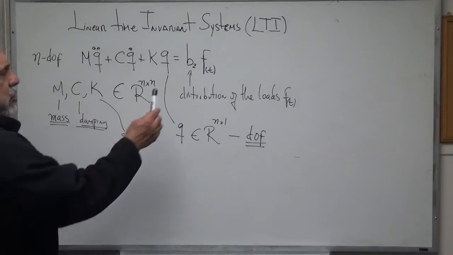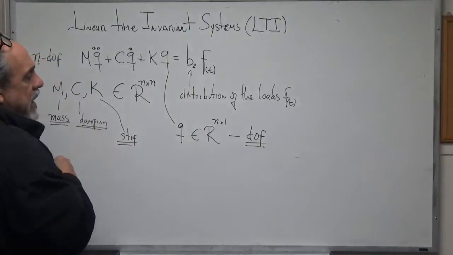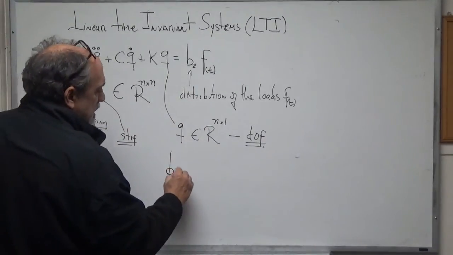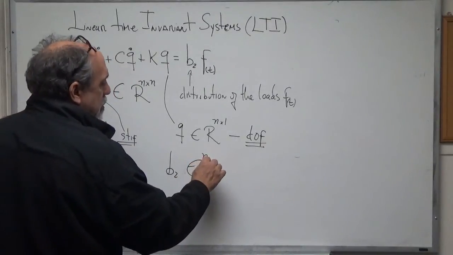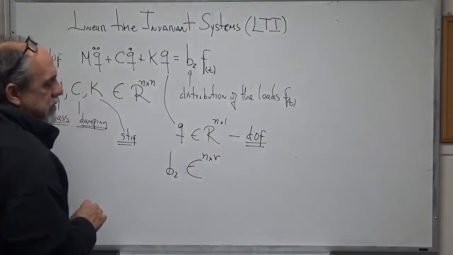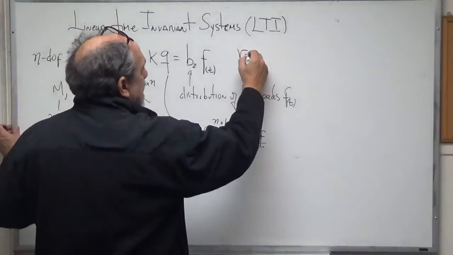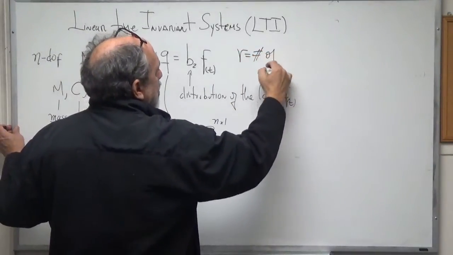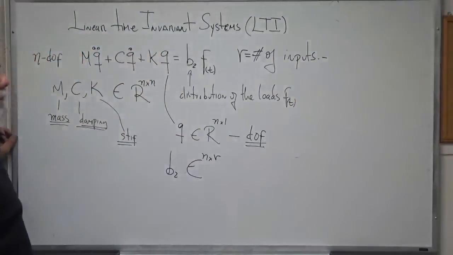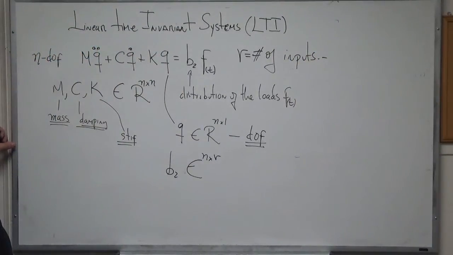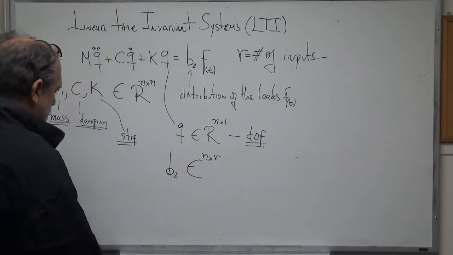Right now it's sufficient just to see it mathematically as the fact that B2 is a matrix that has n rows and r columns, and r is the number of inputs. Okay? r is the number of inputs. So it has n rows and r columns.